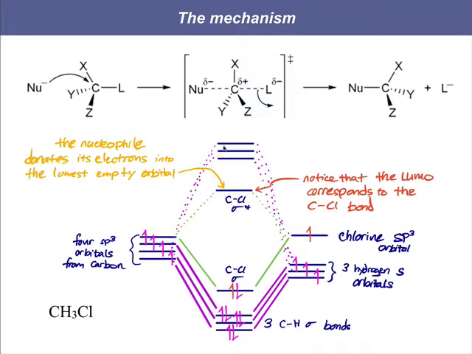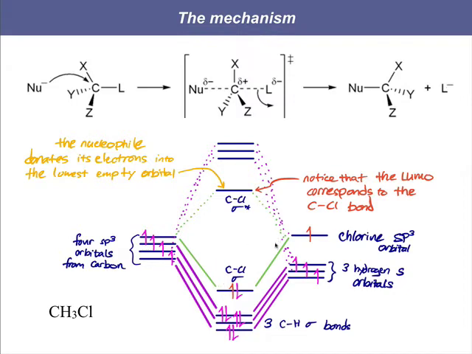So these 3 antibonding orbitals up here are the corresponding antibonding orbitals to these low energy CH sigma bonds. And this lower energy antibonding orbital is the corresponding antibonding orbital to this bonding orbital.